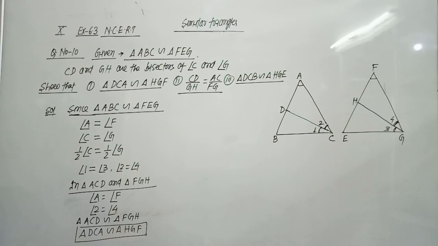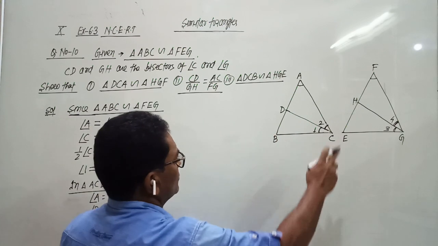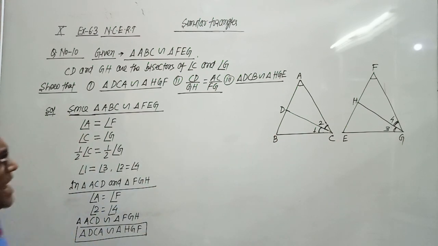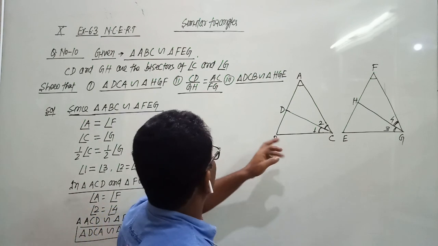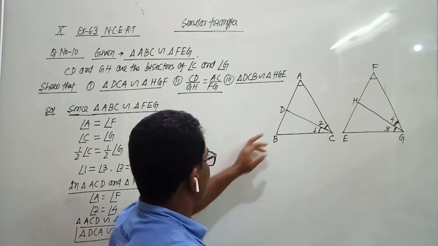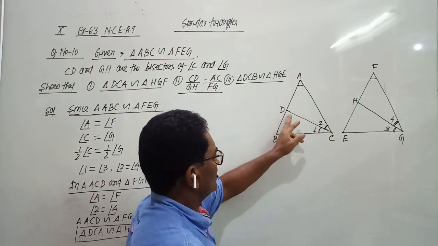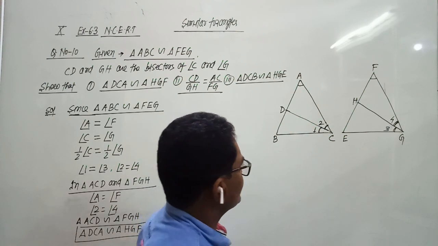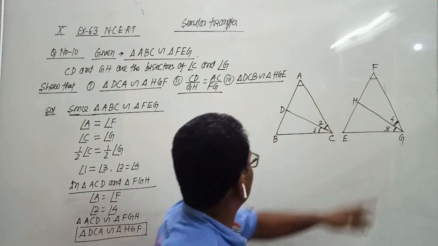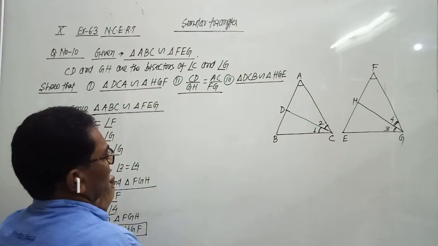If these two triangles are similar, then their corresponding sides must be in proportion. So the side DC of triangle DCA and side HG of triangle HGF, corresponding sides.